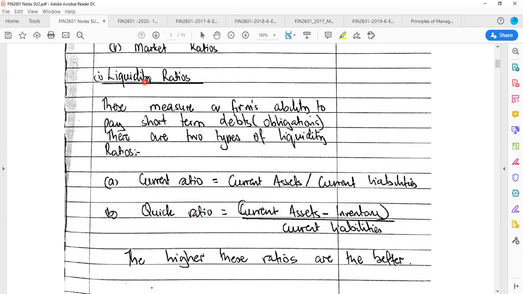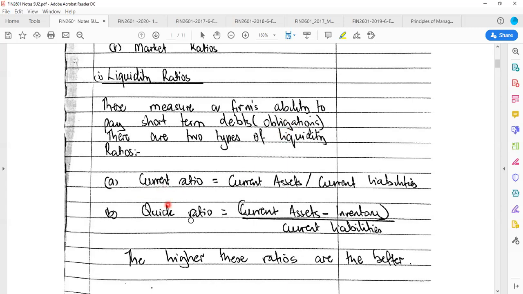Now, this is the purpose of liquidity ratios. These liquidity ratios measure a firm's ability to pay short-term debts, meaning short-term obligations, right? So let's say you want to measure how well the company pays its short-term obligations, like its salary, its wages, its trade payables, meaning the money it owes on goods that are purchased on credit.